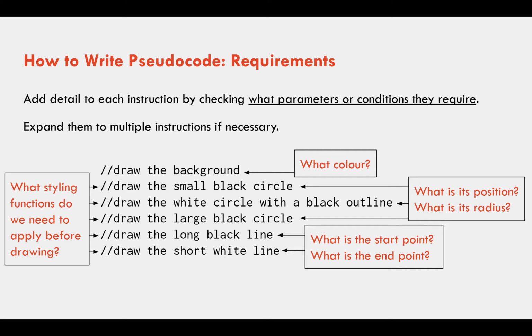For example, the background takes a parameter of color, so we have to ask ourselves, what color is the background? Similarly with circles, what are their positions and radiuses? With lines, what is their start and end point? And also, because these are shape drawing functions, we have to consider what styling functions need to be applied before we draw.